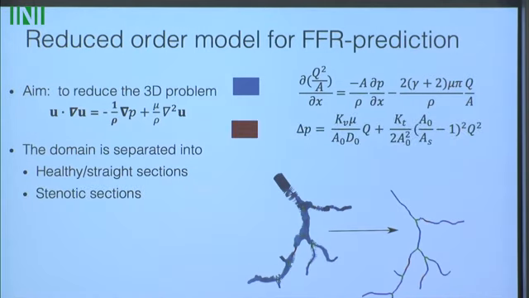And then in the stenotic areas, we know that this will not suffice, so we have a pressure drop model, and also in the bifurcations, colored by green, we have a bifurcation law.